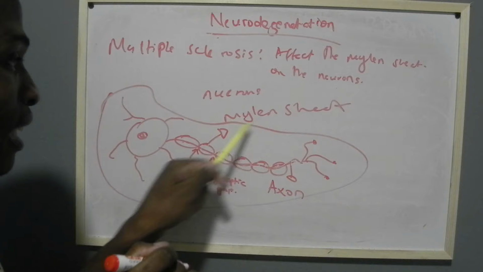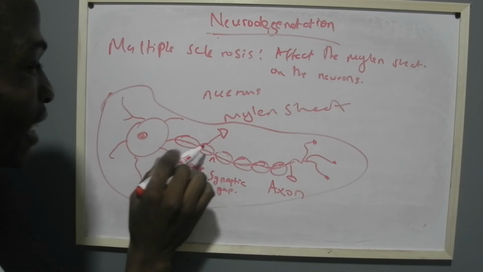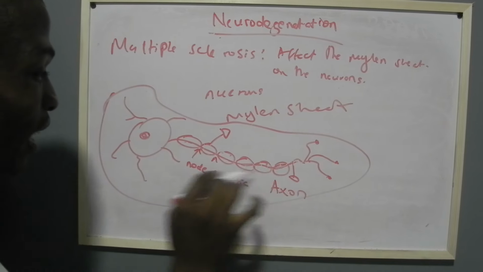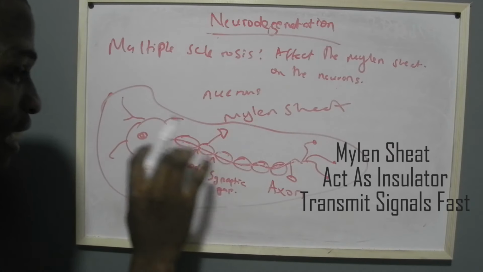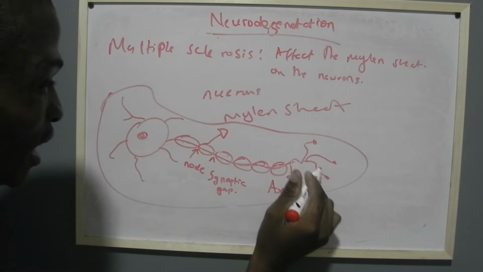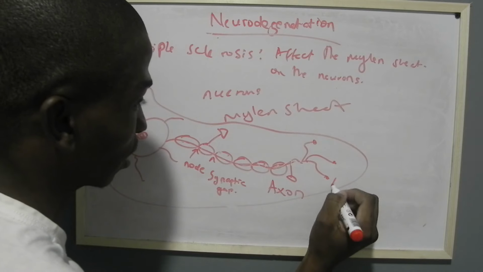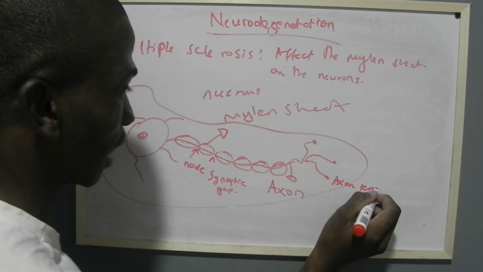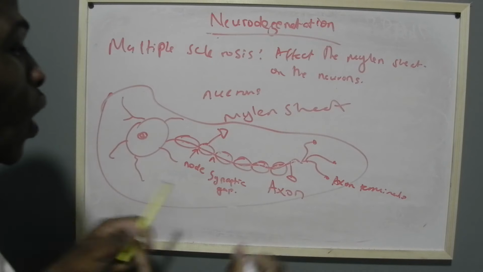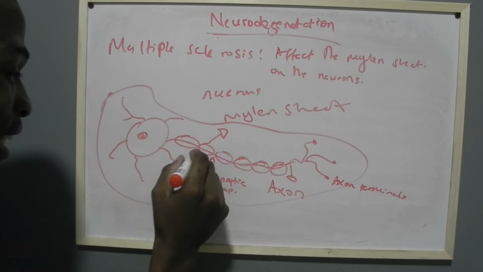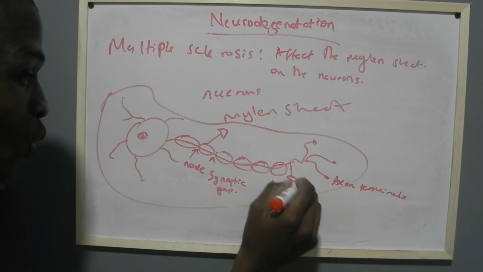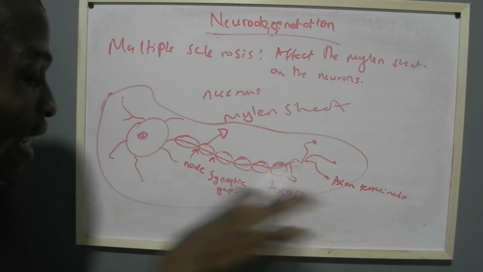These are the axon terminals. The function of the myelin sheath is to enable the axon to transmit those electrical signals fast.